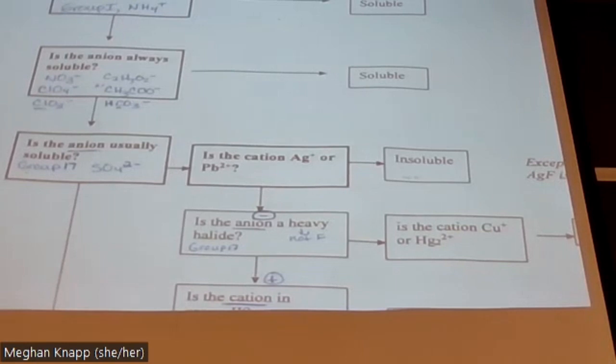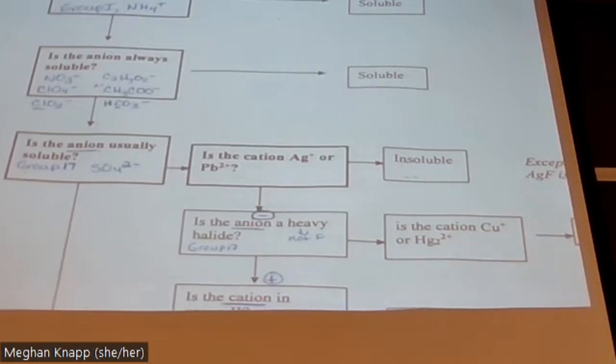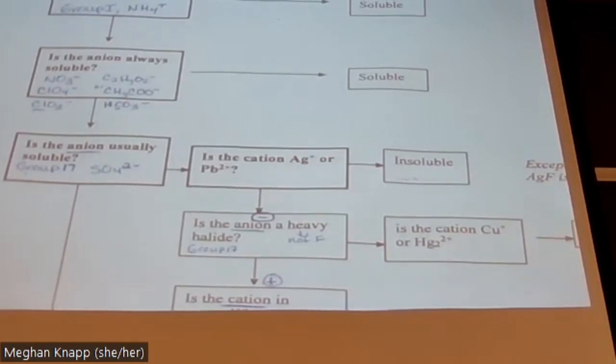So is the cation in group 2? That's the orange ones. Usually magnesium or calcium, but it could be one of the others. I'm going to put in here magnesium, calcium, strontium, barium. Beryllium is super, super rare.